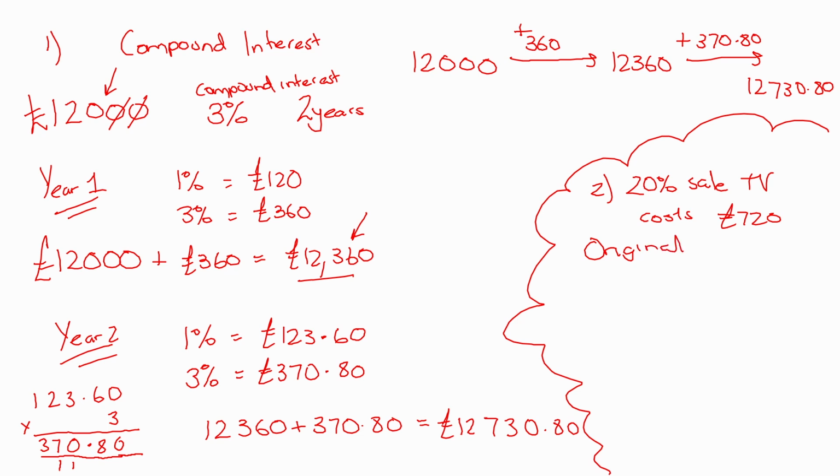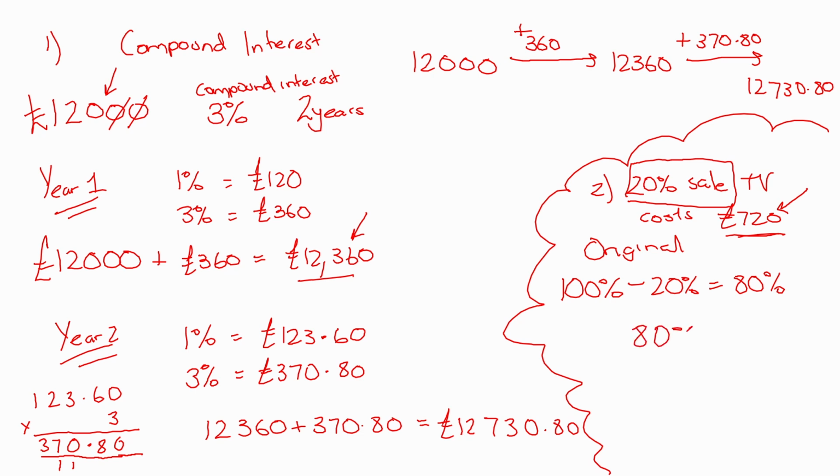Okay, so here's how we're going to do this. As this is a 20% sale, 20% has been taken off the price in order to arrive at this amount. So we started with the original, which was 100%, and we've taken 20% off the price. So what we are now looking at represents 80% of the original value. So if 80% is that, to find 10%, I'm not dividing by 10 like I would in any normal sum.